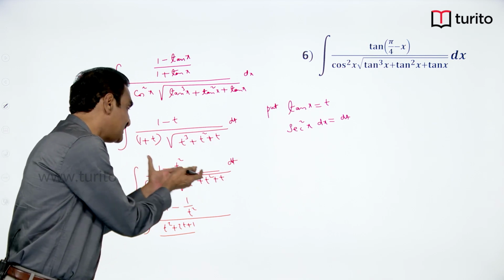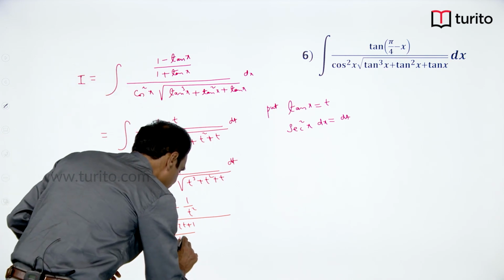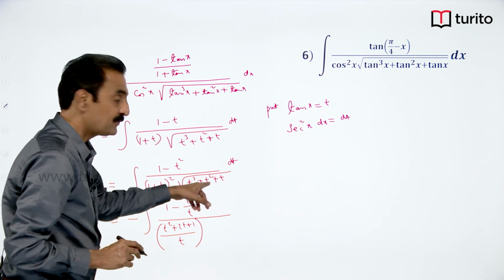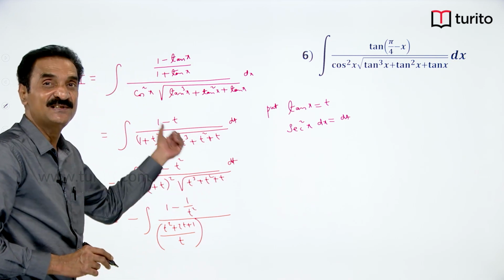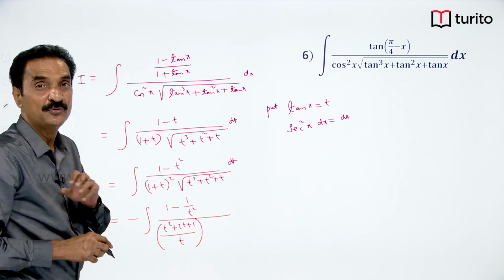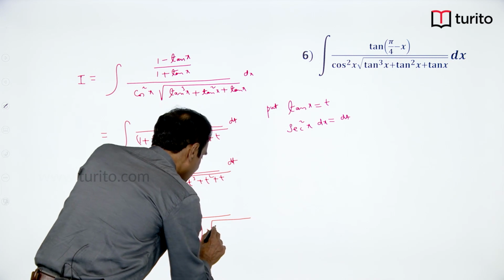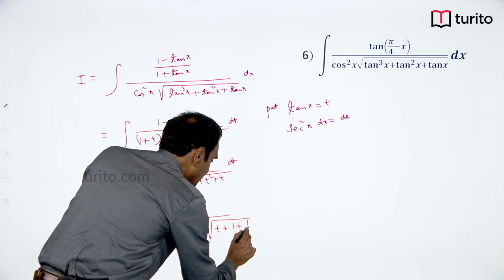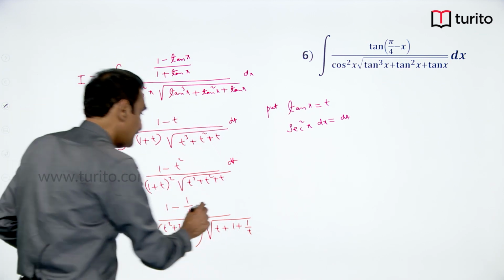Divide this by t and this by t separately. Inside the square root we have to divide by t square. Then you will get root over t plus 1 by t plus 1 dt.